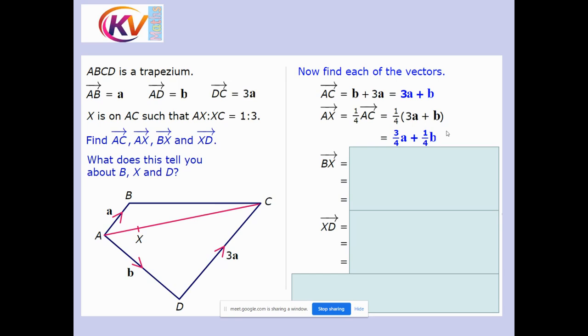So think about the journey you would be going on, and then what would your answer for B to X be? Good, we're starting there, but is there anything we can do with those answers, girls? So you're almost there.